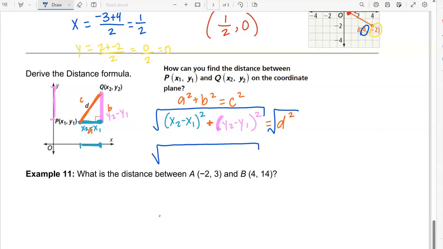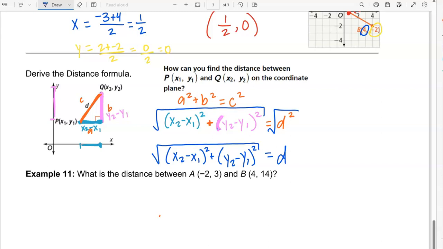So our distance formula is the square root of x2 minus x1 squared plus y2 minus y1 squared, all under the square root. That gives us our distance between any 2 points.